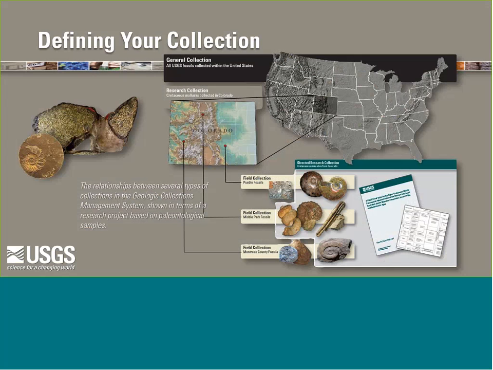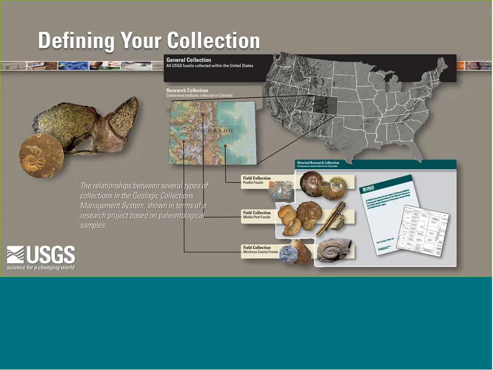And the GCMS also helps outline and define specific types of collections, such as active collections, which a lot of researchers have. They're collections that you are actively returning to, studying, referencing, reanalyzing.